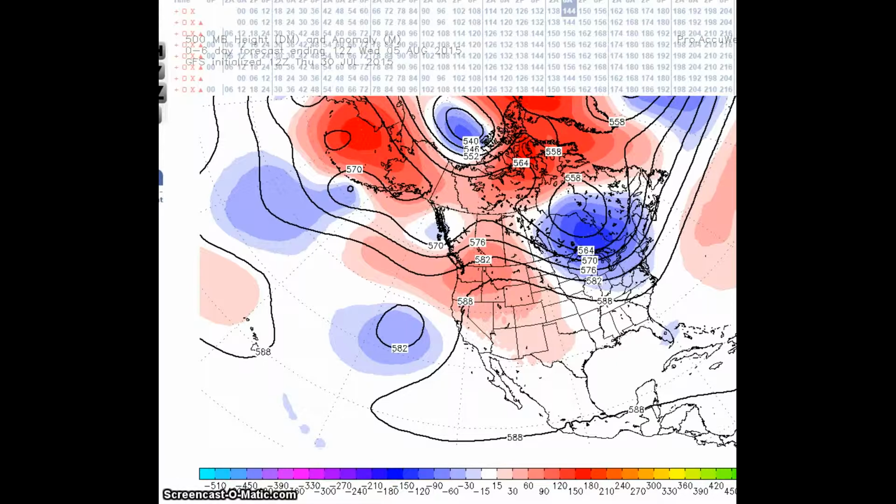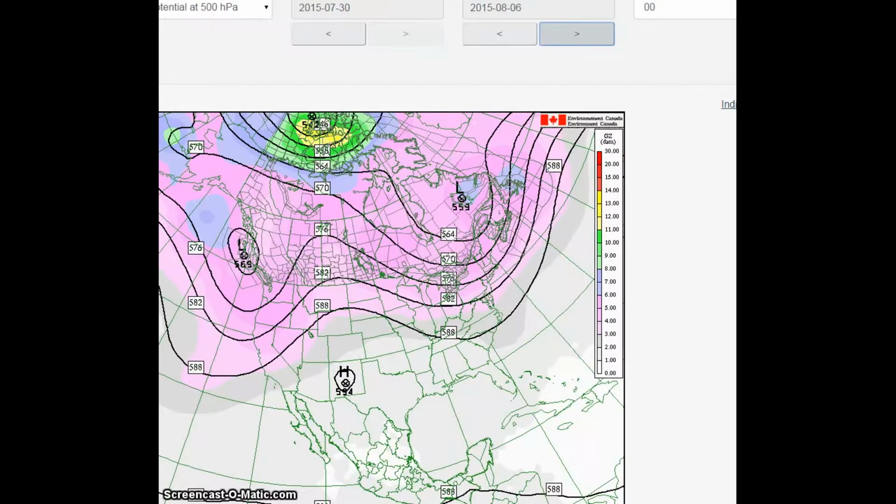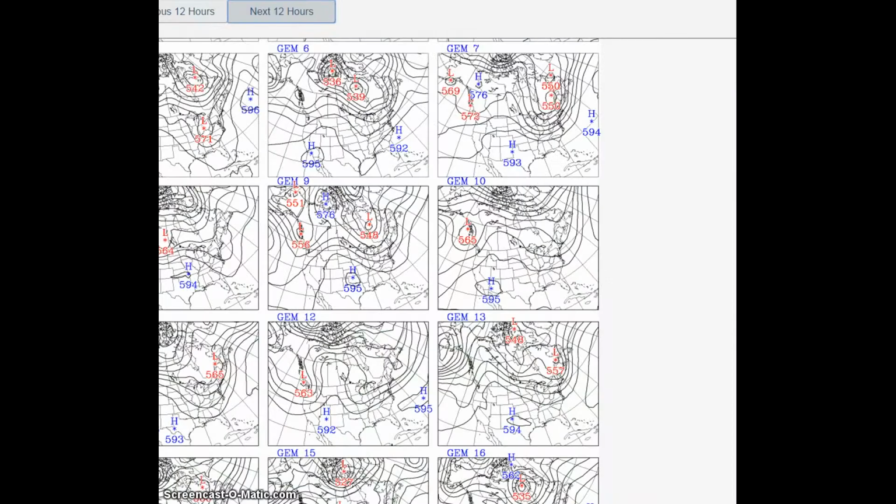We're going to go back to the Canadian ensembles. The Canadian ensembles differ with the location of the southern ridge and put it anywhere from the plains to the southwest. So I'm going to show you this. I don't know if you can see this at all.